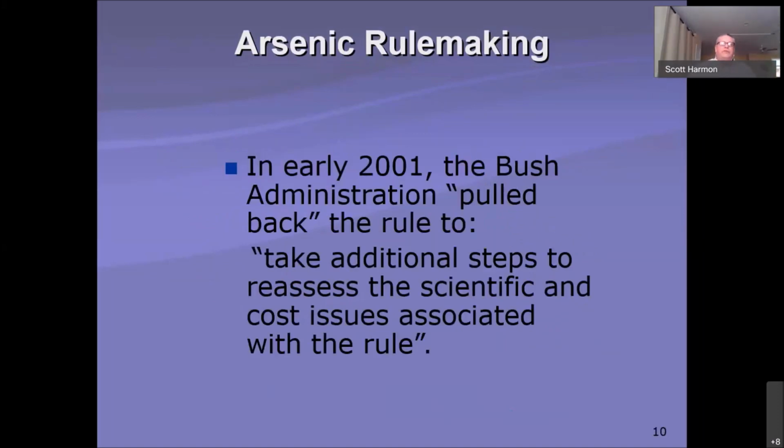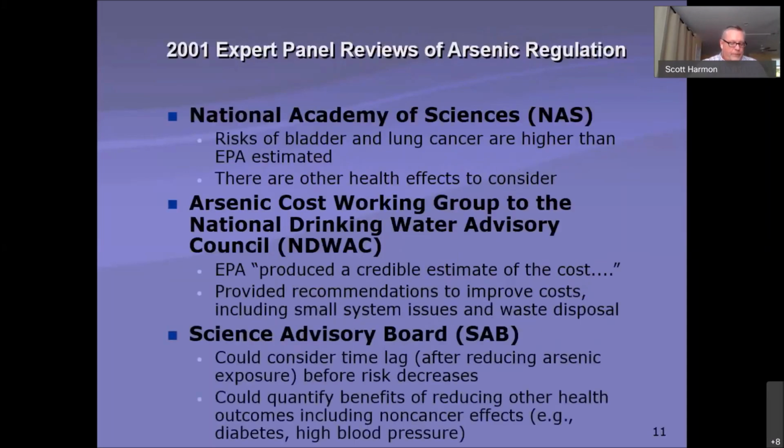Early in 2001, the Bush administration pulled back the rule to take additional steps to reassess the scientific issues associated with it. That was the 5 parts per billion rule. Because of the importance of the arsenic rule and the national debate surrounding the related science and costs, EPA's administrator publicly announced in March of 2001 that the agency would take additional steps to reassess the science and cost of what they were asking for in their rule.